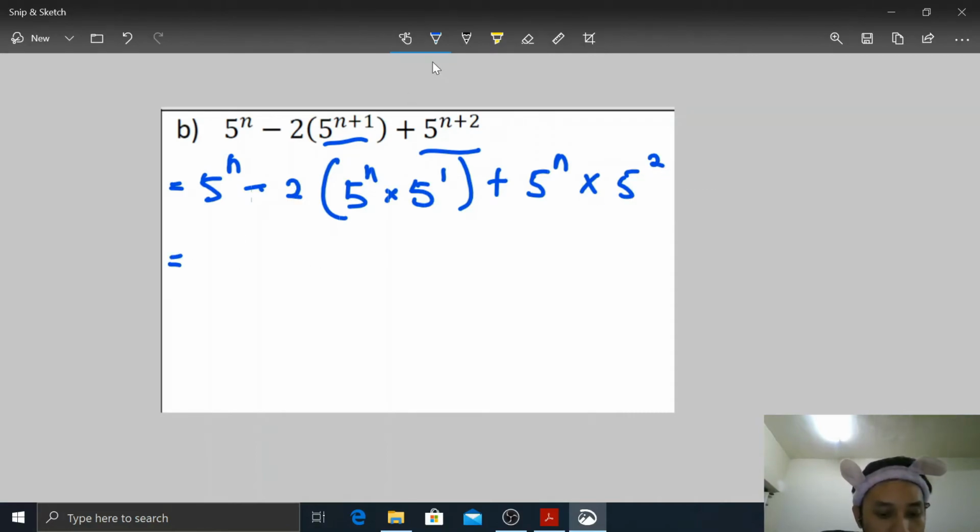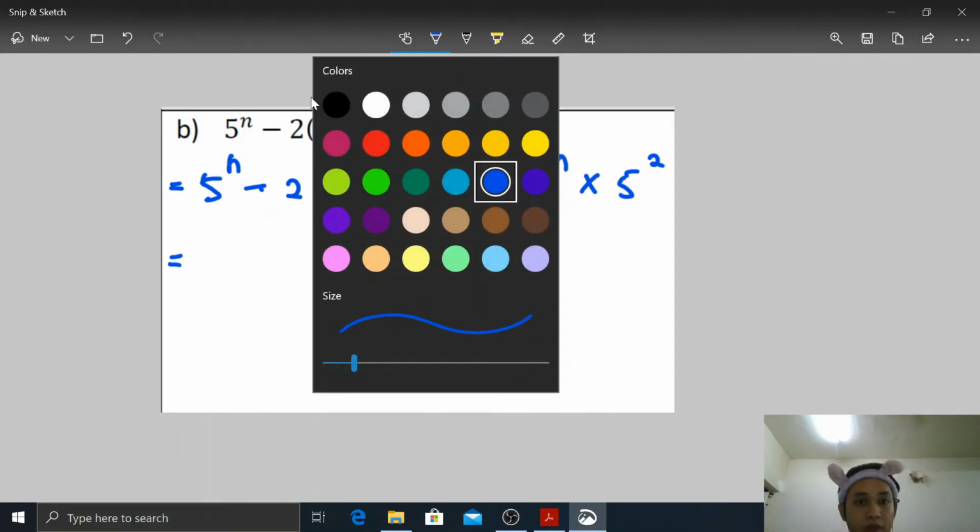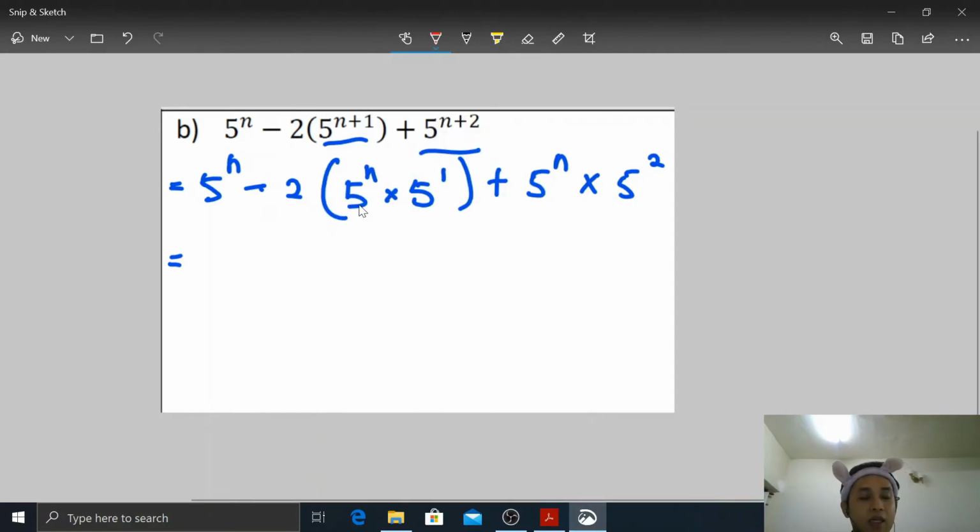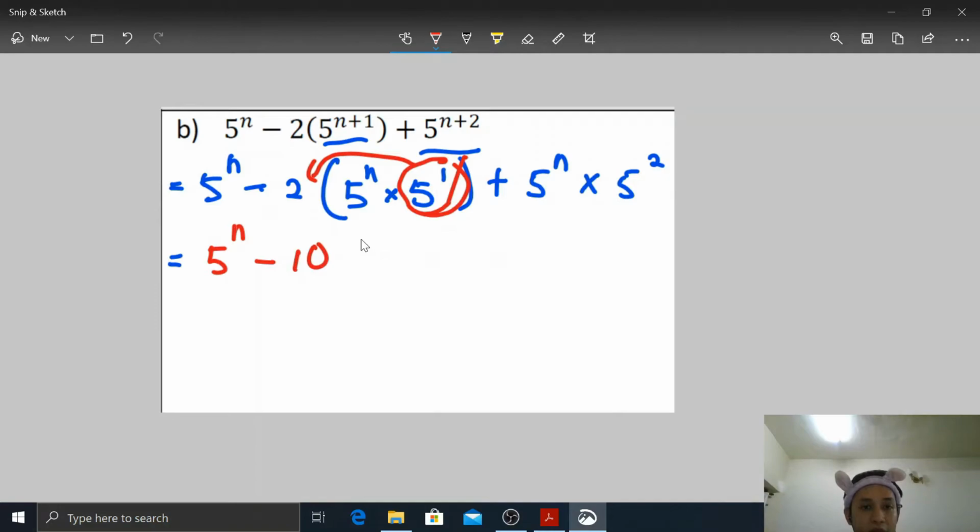Now I can multiply this in, so it will become 5n minus, since 2 multiplied by 5 is 10, 5n plus, since this one is squared, 25.